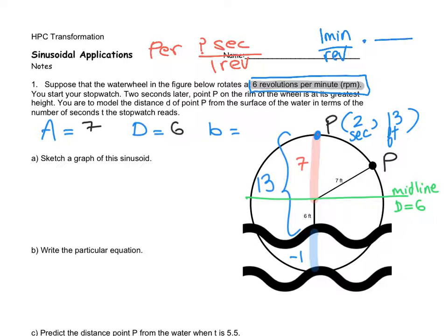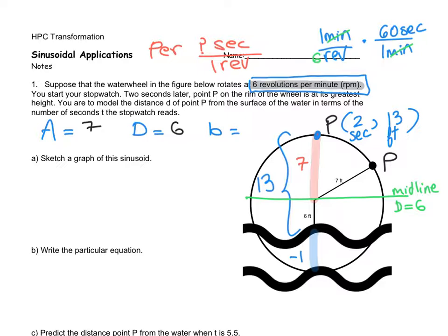Now I need to multiply by 60 seconds over 1 minute, so I can cancel the minute. Remember, in 1 minute it does 6 revolutions, so that should be 6 over here. I need to change minute to seconds, so I multiply by 60 seconds over 1 minute.